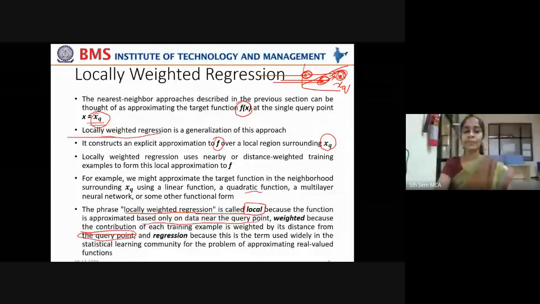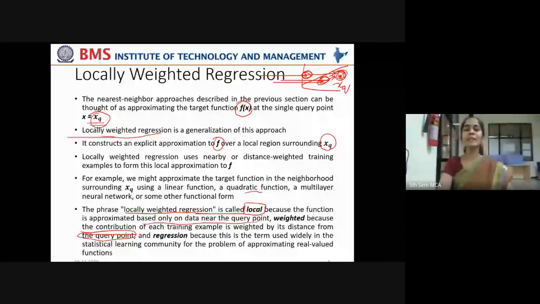And why do we call it regression? Regression because this is the term used widely in the statistical learning community for the problem of approximating real valued functions. Normally, this is a thumb rule: if you're trying to predict the label of a new instance, a discrete label, then we call it a classification task. But if you're trying to predict some numerical value, then we call it a regression task, right?